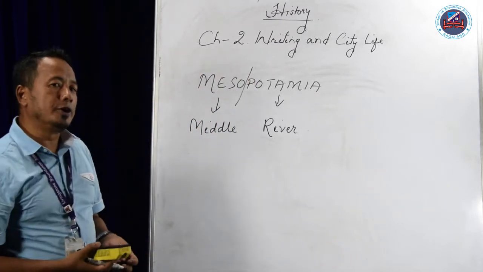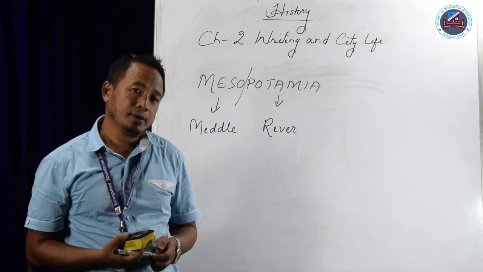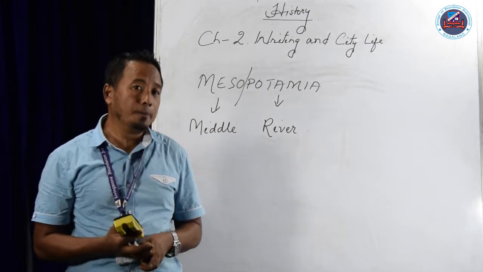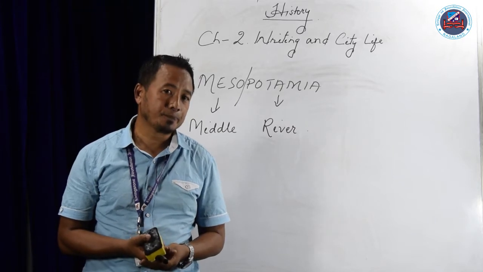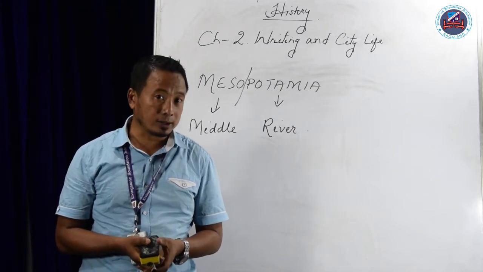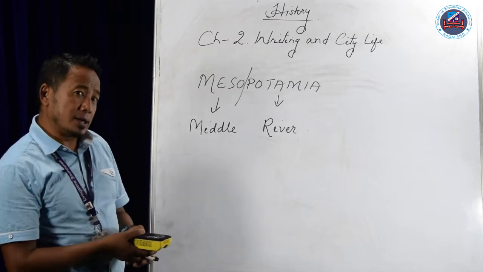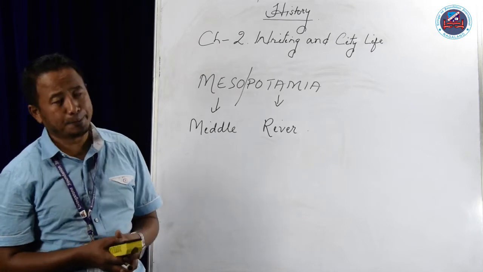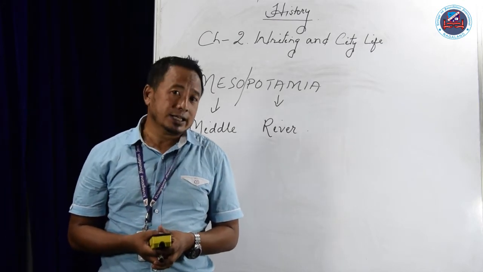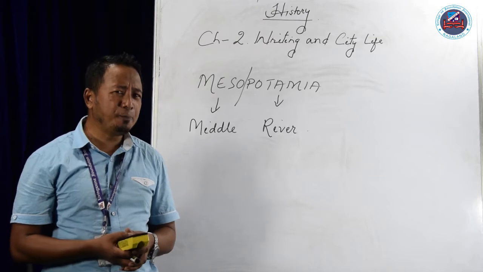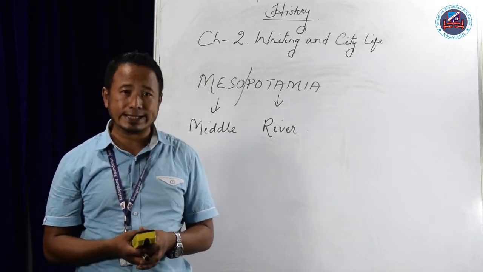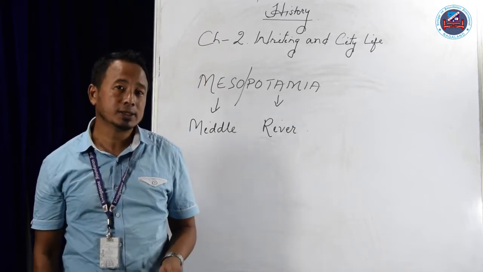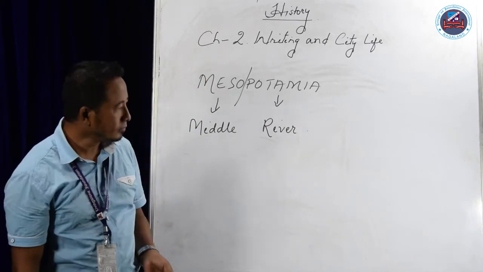In the beginning of the recorded history, the southern part of Mesopotamia was known by different names, Sumer and Akkad. But by 2000 BCE, another city called Babylon became a very popular and important city. So the whole southern portion of Mesopotamia came to be known as Babylonia.